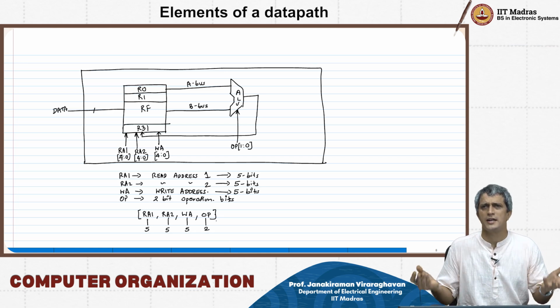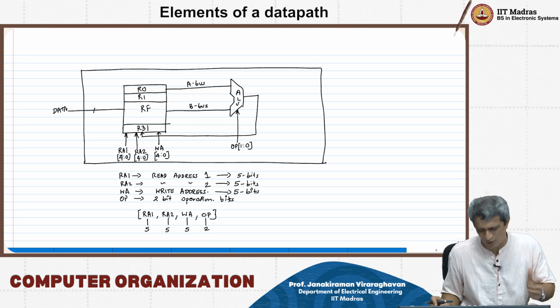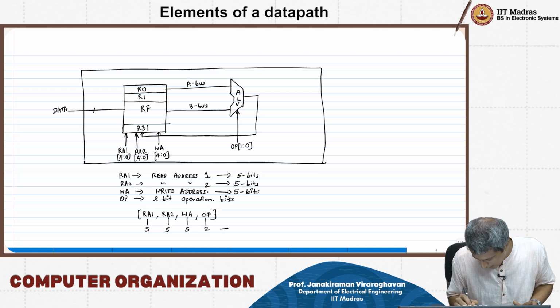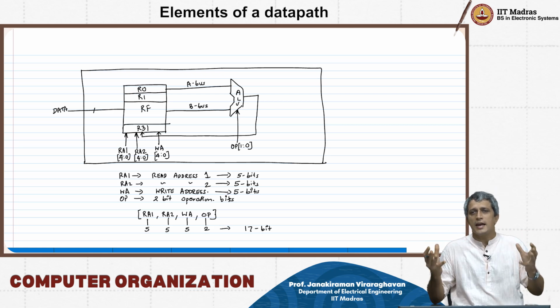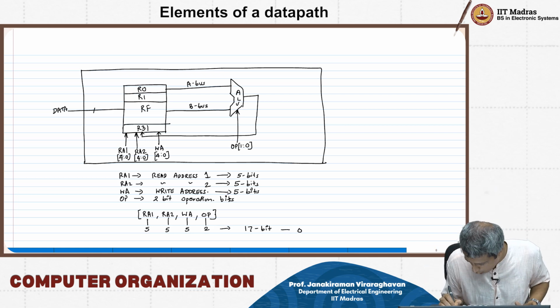Well, you could make it 8 operations, 3 bits, whatever it is. But effectively it is a 17-bit number that I can define as an operation code.